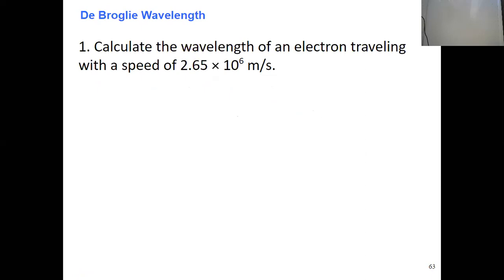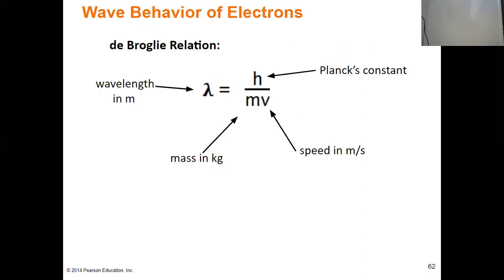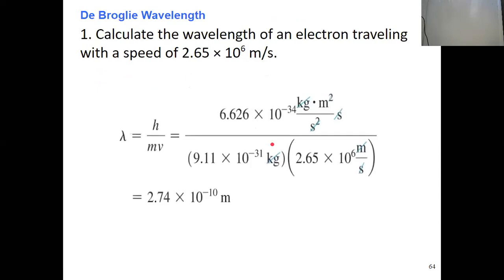So let's look at this. Let's calculate the wavelength of an electron traveling with a speed of 2.65 times 10 to the 6 meters per second. Now to do this, you're going to need your de Broglie relation, okay? And you're going to need this value right here, the mass in kilograms of an electron. Now that's not a number that you have to memorize, but find it and write it down, okay?